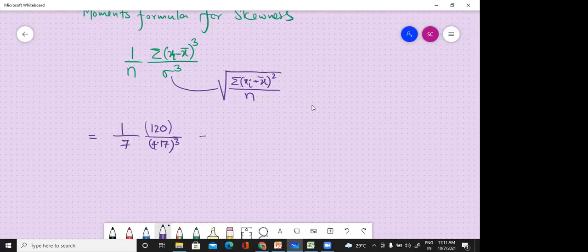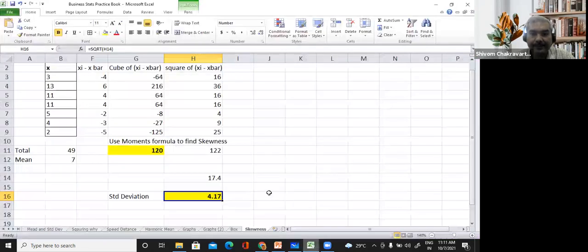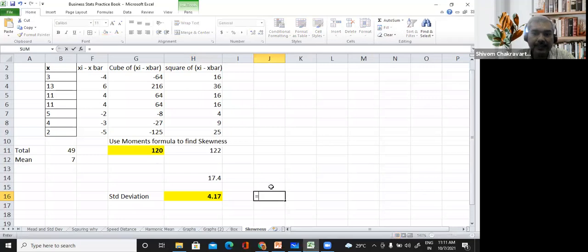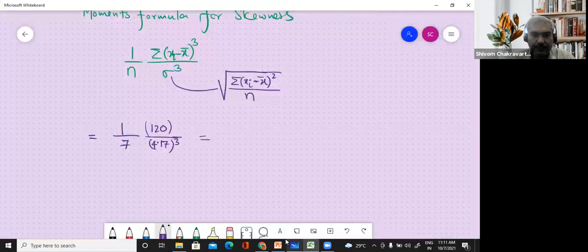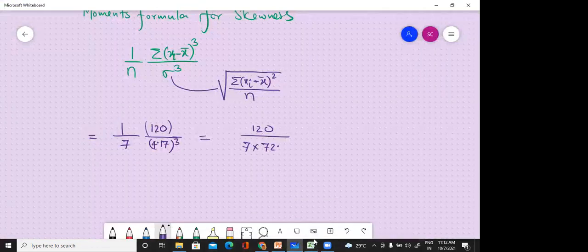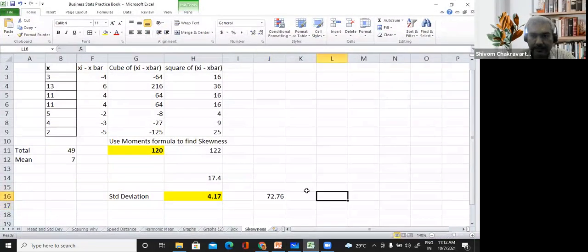So skewness from here you can calculate. 120 divided by 7 multiplied by 4.17 cube. So 4.17 cube will be 4.17 into 4.17, that is 72.76. So here we will have 120 into 72.76. Now we should get the result in the next step.